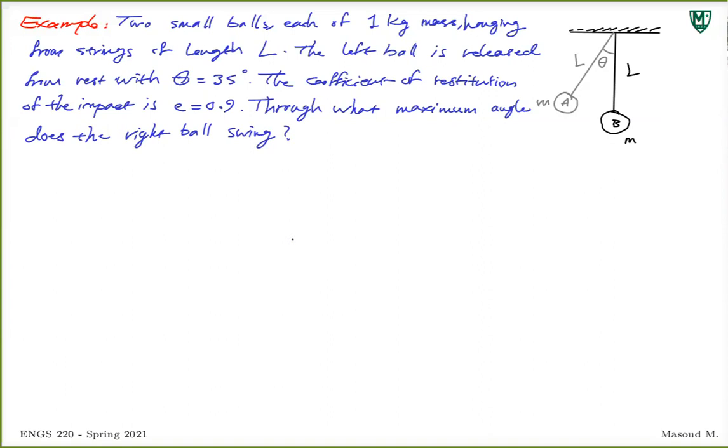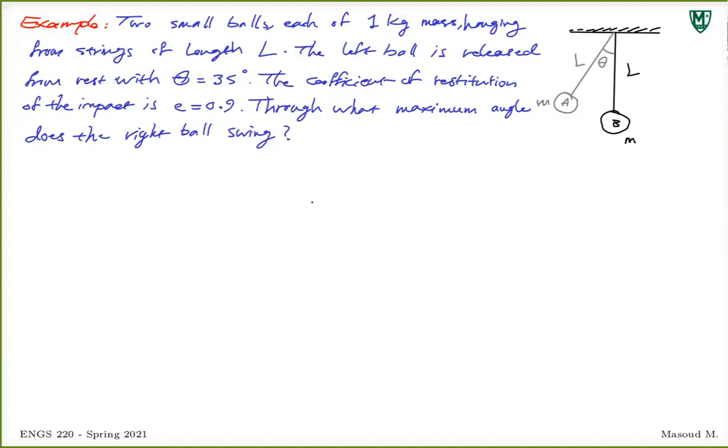All right. So release it from theta, comes down, hits ball B, then after the impact, B starts going upward and it reaches some maximum height and angle. We want to find that angle.